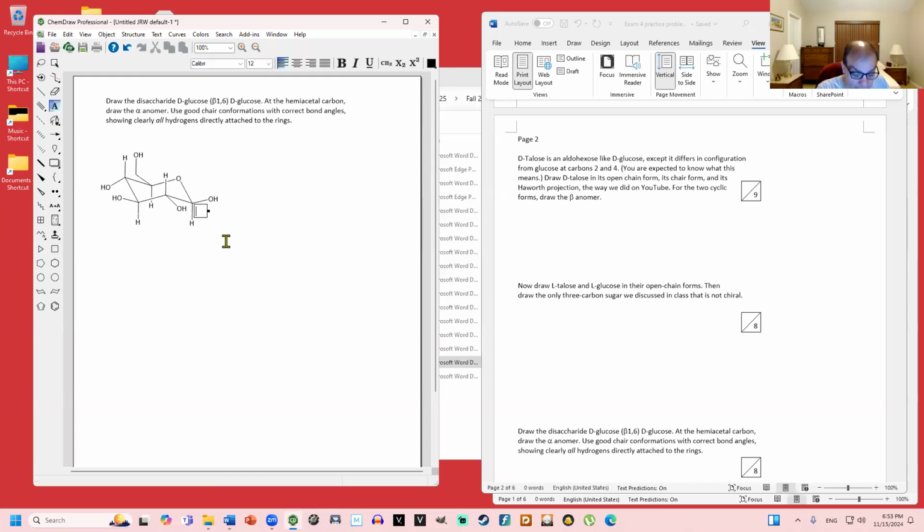This is carbon 1 of the first glucose. And we need that oxygen to be beta, in other words, pointing up. And then we need to connect that oxygen to carbon 6, which is the CH2OH carbon of the next glucose. So again, I can do things that you can't easily do with a pencil.